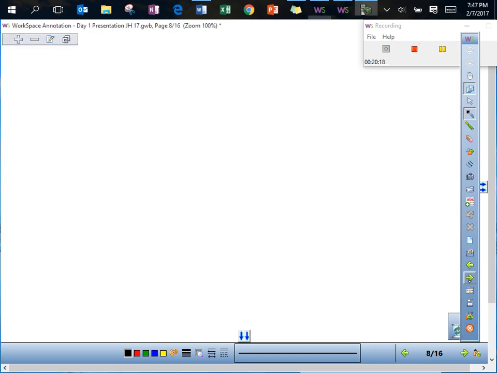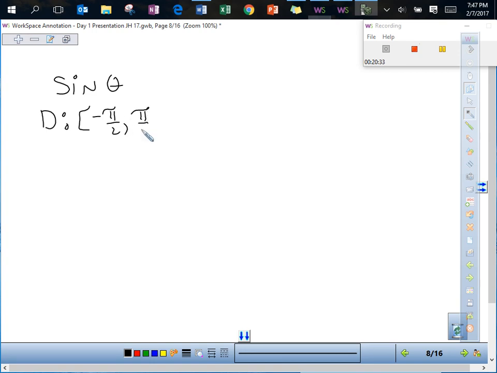So I need to use negative pi halves to pi halves. Okay. So real fast, when I think of the sine function, its restricted domain is going to be negative pi halves to pi halves. And my range is going to be negative 1 to 1.